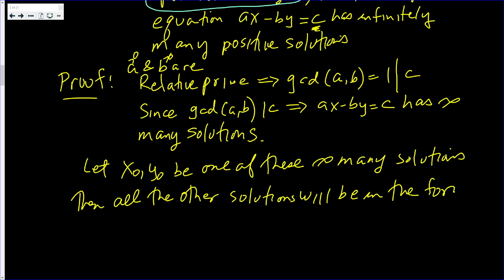Will be in the form of x equals x0. I probably should have written down the Diophantine equation in the proof, but I didn't. Maybe one should.